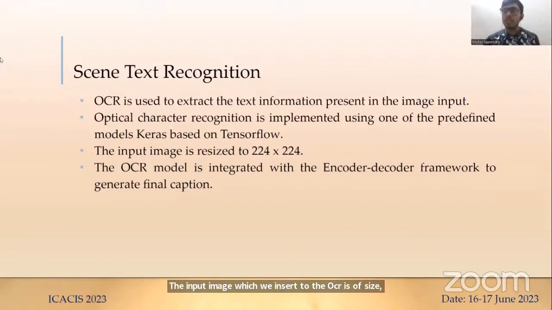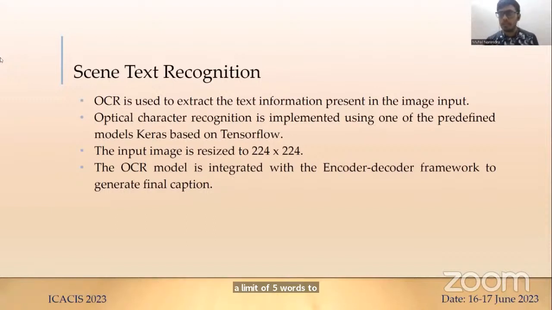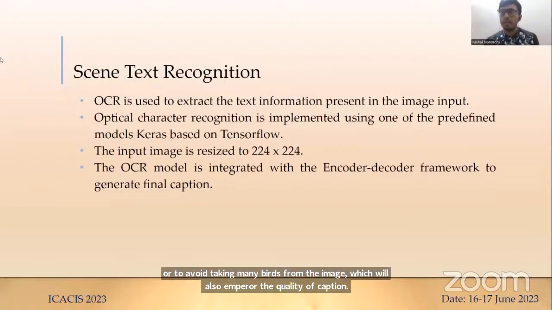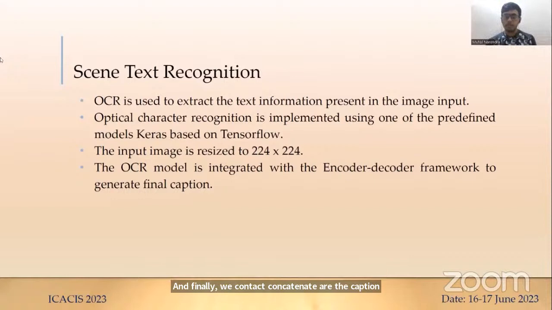We have put certain restrictions in this model to increase the quality of the words. We have passed them through dictionaries so that no garbage values are passed and only meaningful words get selected. We have also set a limit of 5 words to avoid taking many words from the image, which would also hamper the quality of the caption. And finally, we concatenate the caption which we have from the encoder-decoder framework and the words which we get from the scene text recognition, and we finally have a meaningful caption.